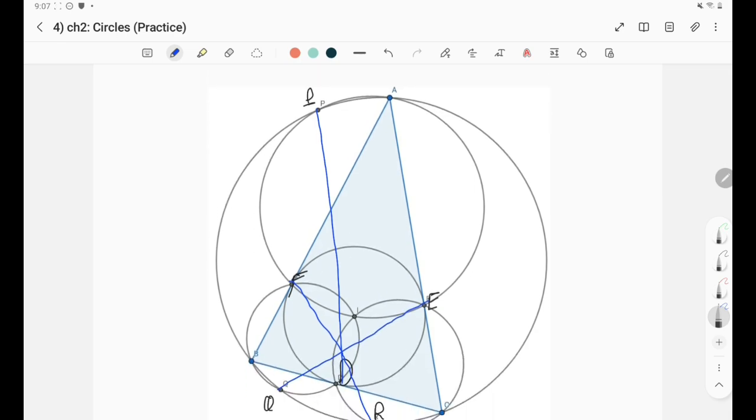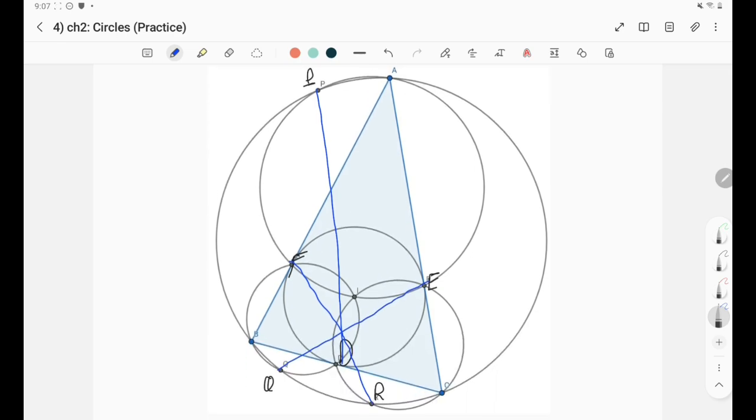Okay. How can we exactly deal with such a question? This is, of course, a concurrency problem. We need to show three lines are concurrent. How exactly do we deal with concurrency problems? Well, of course, we have tons of strategies. Some of the essential and basic techniques to try in these types of questions: idea number one is to try to guess what this point is.